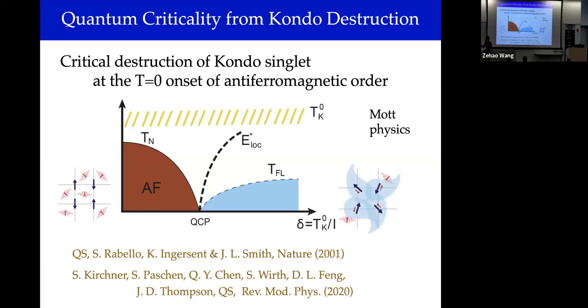And if there's a scale that's associated with that, if this scale collapses, we call it Kondo destruction, then this ground state is broken apart. And so just like suppression of antiferromagnetic order, you have from the other side a suppression of this Kondo singlet formation.